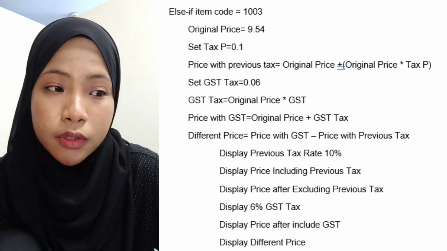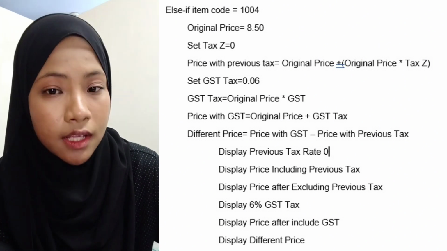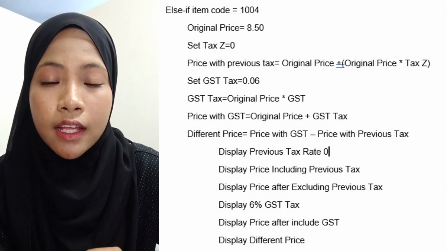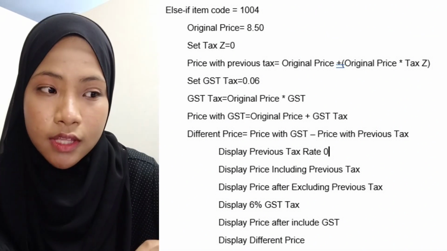Else if item code 1004, original price will be 8.15 and tax Z, which is 0 tax.